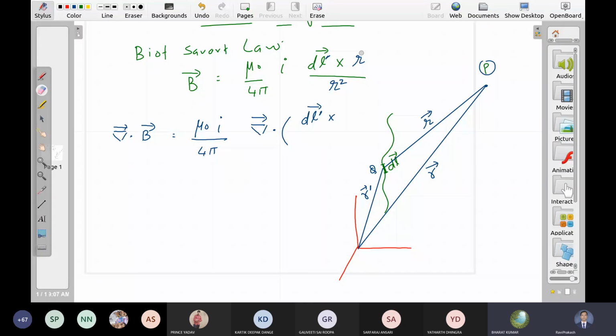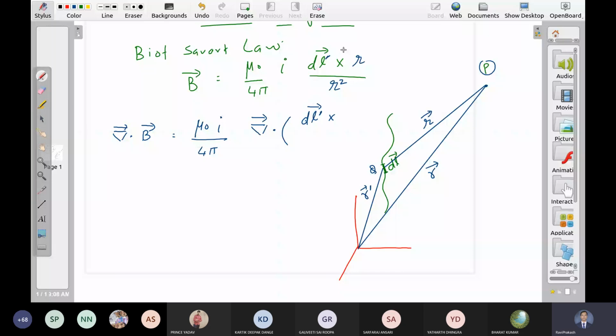Sir, why dl prime, not dl? Why did you change dl to dl prime? Okay, so if you do not want to change, there is no difference. I mean, all the object's points I am using as prime, and all the points which are in free space I am using non-prime.